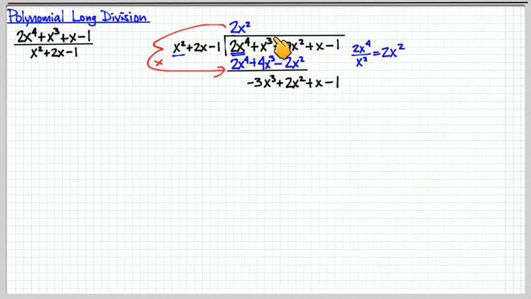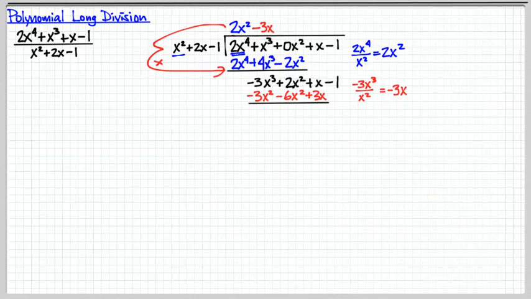Make sure you subtract carefully. x cubed minus 4x cubed is negative 3x cubed. Subtract all the way down. Next step, we repeat this process. Now I'm taking negative 3x cubed, dividing that by x squared. I'll write that over here as my little thought experiment. Negative 3x cubed divided by x squared is negative 3x. I write that up there.